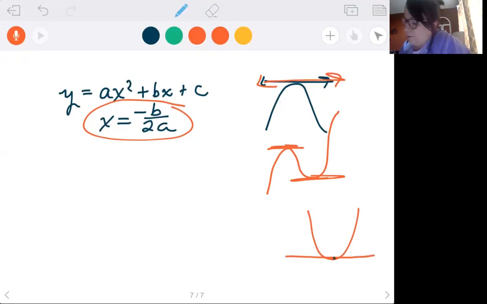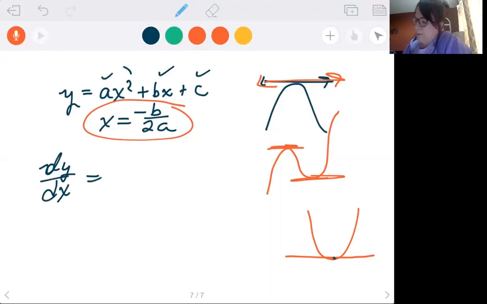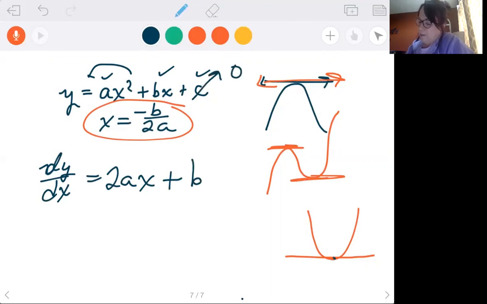So if I were to calculate y prime, or dy/dx, remember, a in this scenario is constant. I bring the power out front and get 2ax to the power of 1, plus the derivative of bx, or 3x, or 4x, or 5x is just b, and the derivative of constants always go to 0. Now, on a parabola, the vertex occurs where that derivative equals 0.